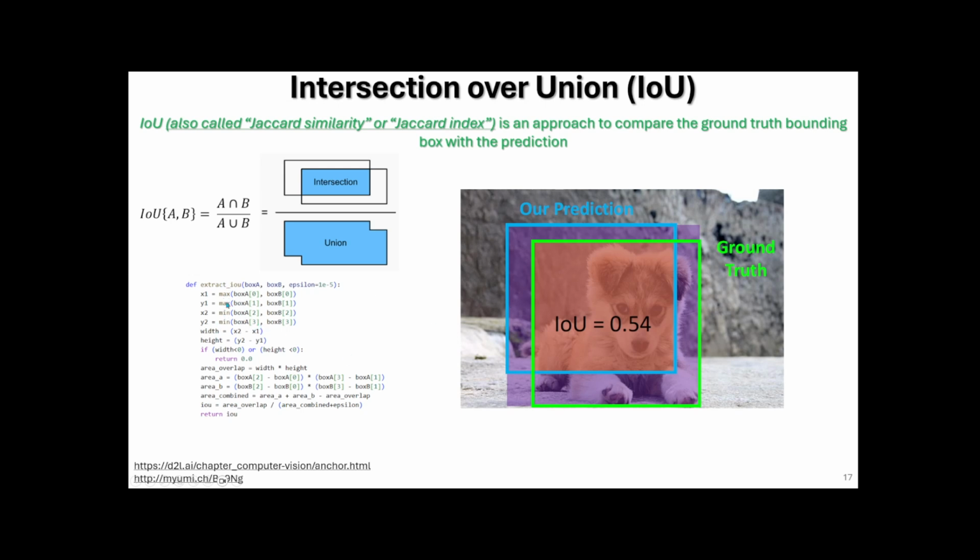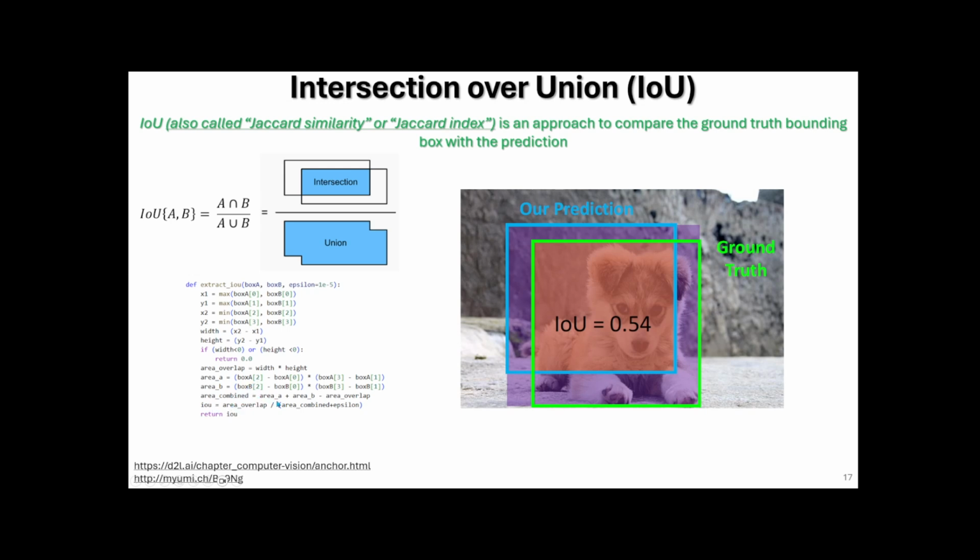You just find the coordinates of this position, this position, this position, and this position. Then you find the height and width and multiply them to get the overlap. That's this operation. Then the area of A is the height of box A multiplied by its width. Similarly, the area of B, the second bounding box, is its height multiplied by its width.